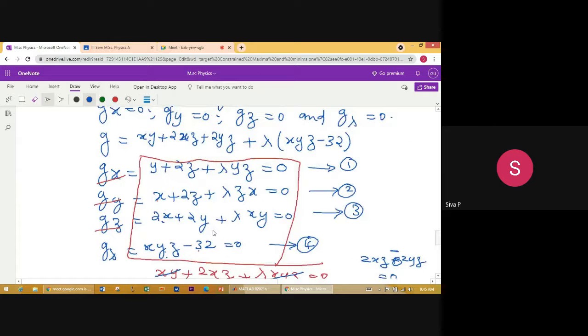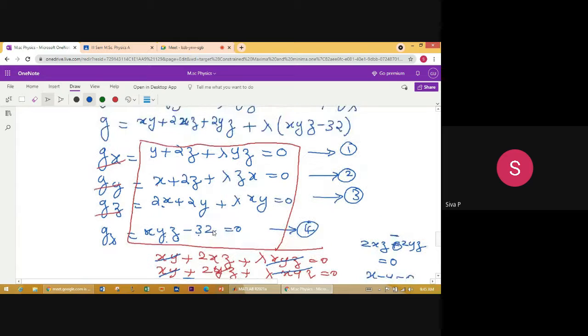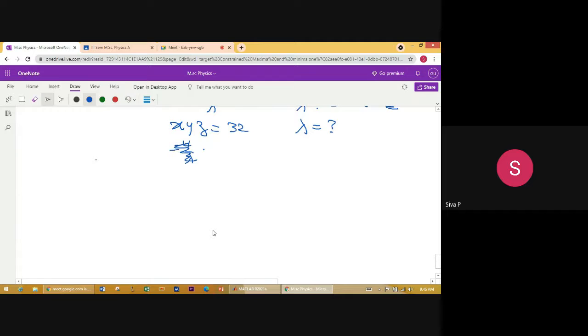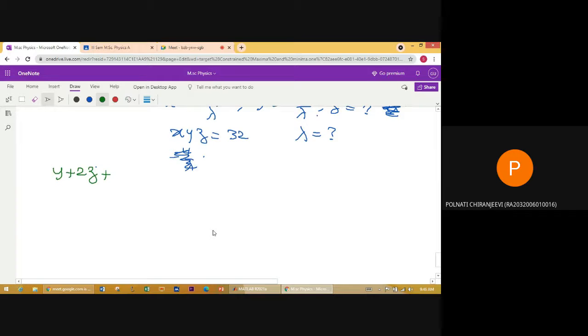So if you are substituting y equal to minus 4 by lambda, you consider this equation: y plus 2z plus lambda xy equal to 0.